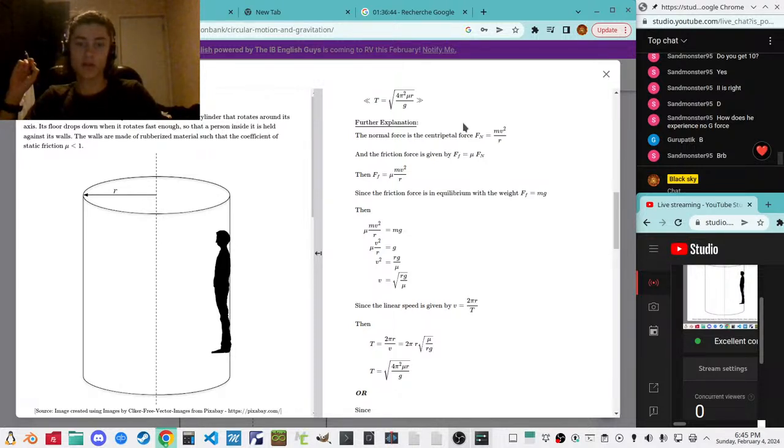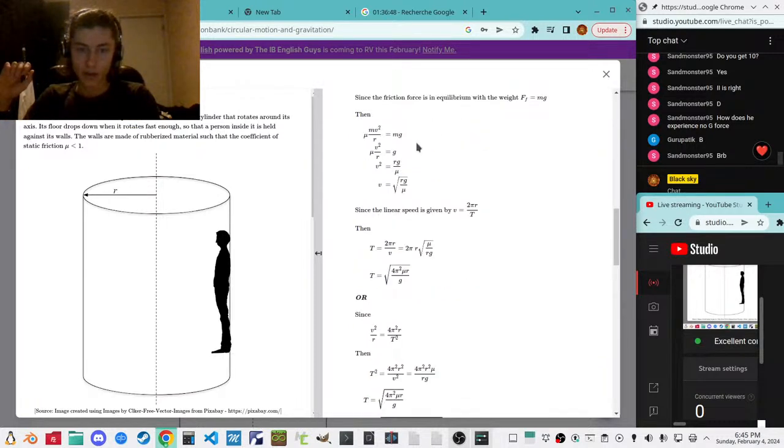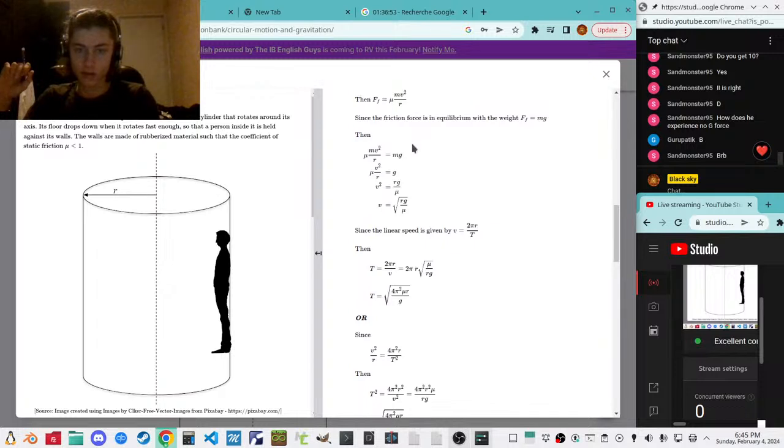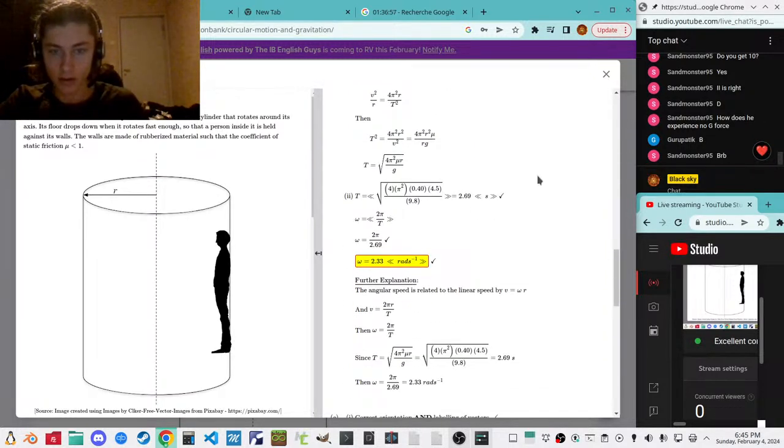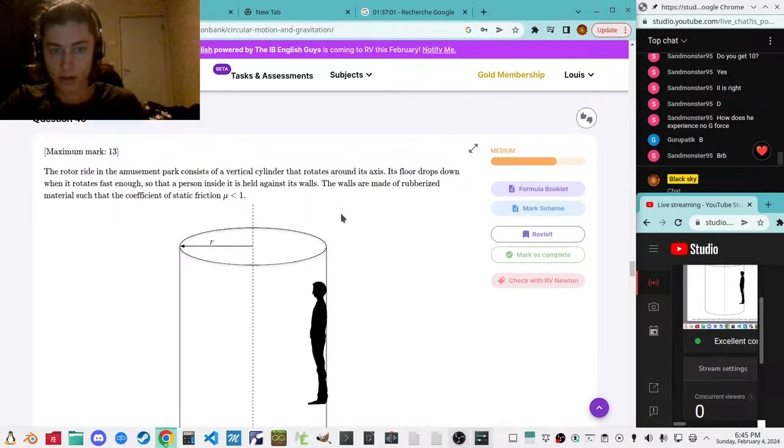Yeah, mg equals the static friction times normal force. Okay, I guess. Then this equals. That's what you just did, though.